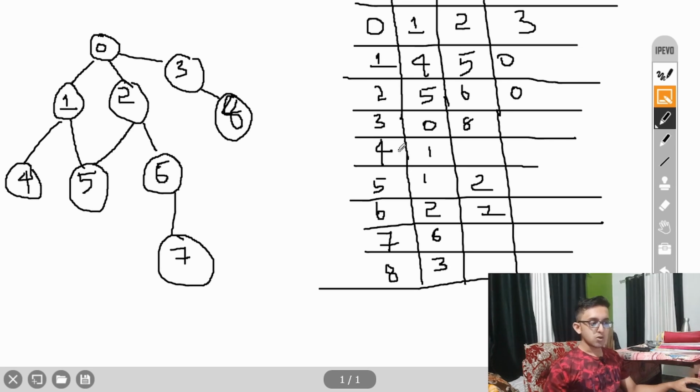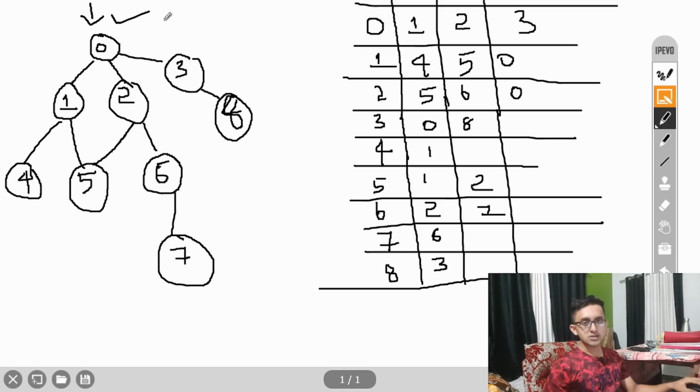Now we'll have to initially fix a vertex where we are going to call the breadth first algorithm. Let's say we are starting with 0. When we are exploring a vertex, we'll have to mark it visited so that we don't explore it again.